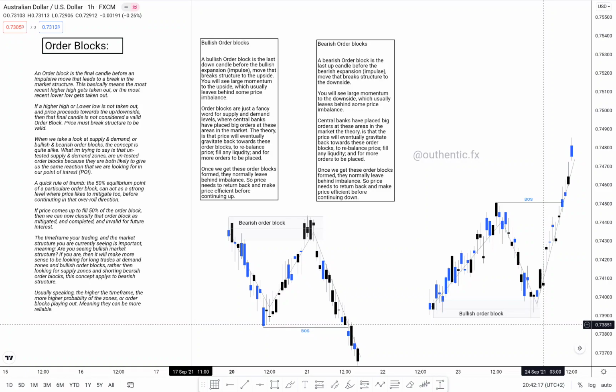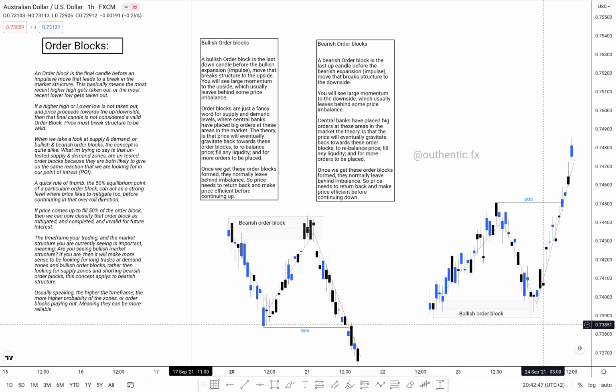Central banks have placed big orders at these areas in the market, and the theory is when it comes to bullish order blocks that price will eventually gravitate back towards these order blocks to rebalance price, fill any liquidity, and move the same direction which it intended to move in the first place, guys, right? Once we get these order blocks formed, they normally leave behind imbalance, so price needs to return back and make price efficient before continuing up.